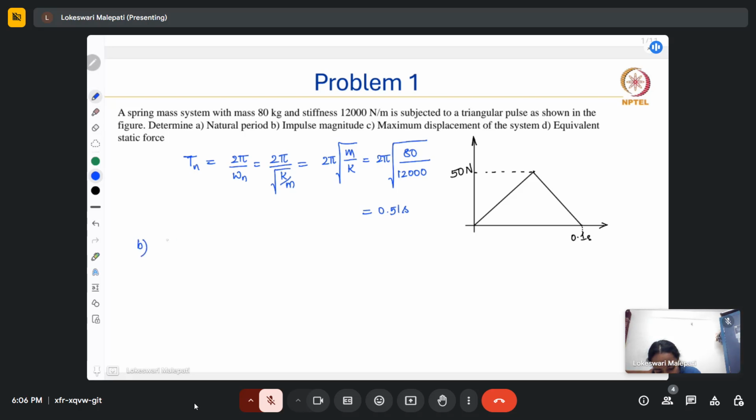So the impulse magnitude would be equal to the area of this triangle. So how much is this? 2.5 Newton second.